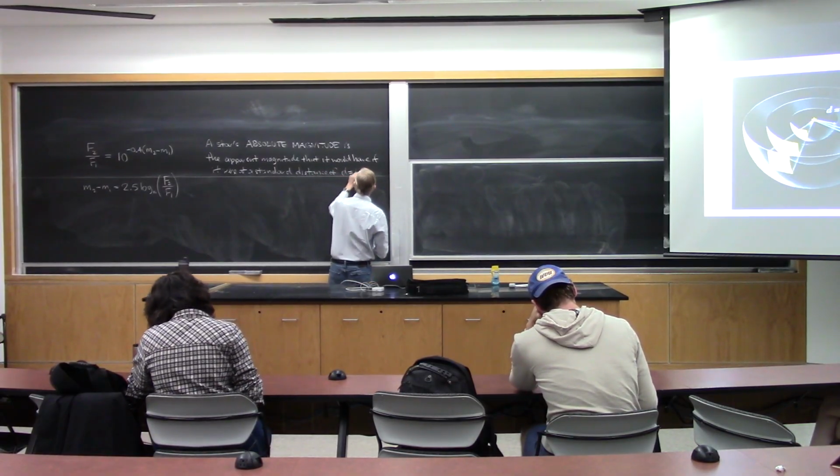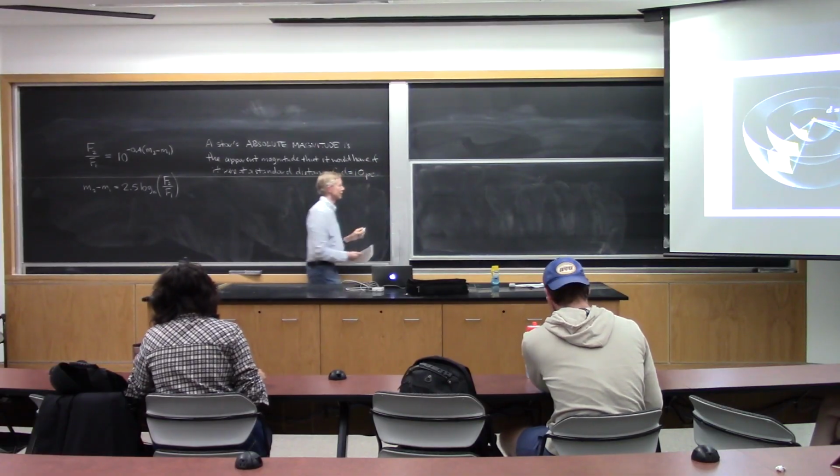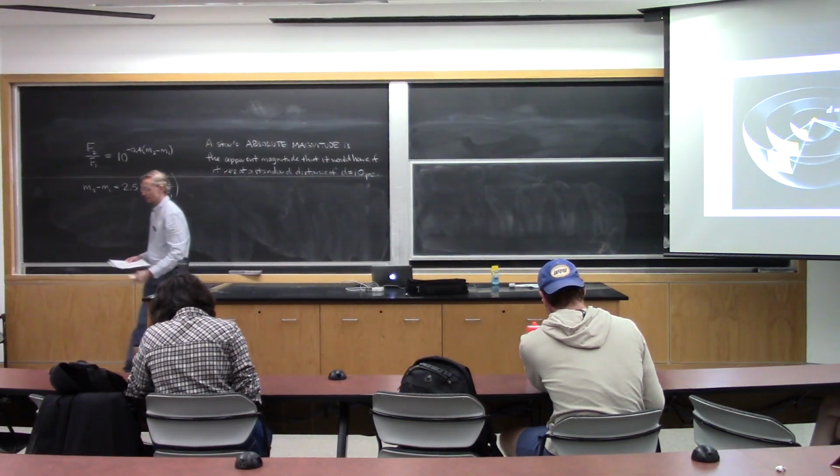Standard distance of d equals 10 parsecs. In other words, about 32.6 light years away from us.